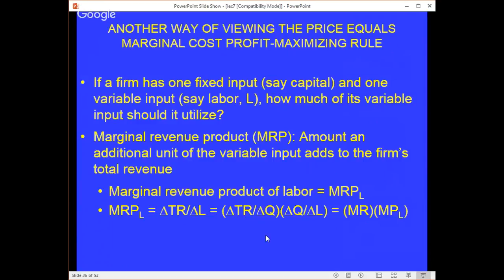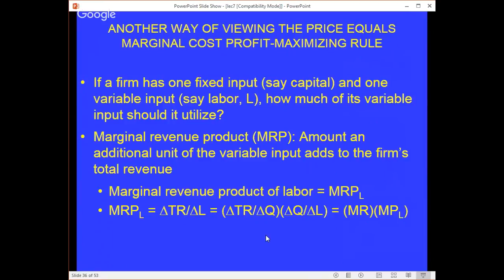Conceptually, it's just how much extra revenue am I getting for that extra output that last labor is giving me. Remember, marginal product is simply how much extra output do I get from that last unit of input, in this case, labor. So I hire the last worker, how much output does he give me? And I multiply that by the added revenue from that output.